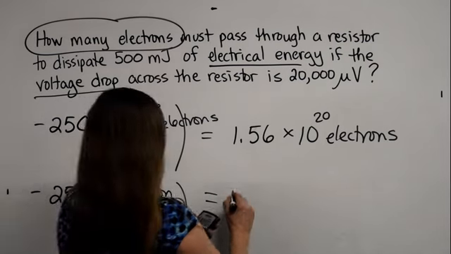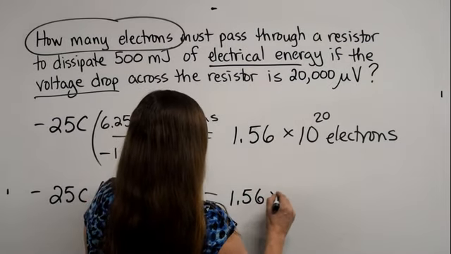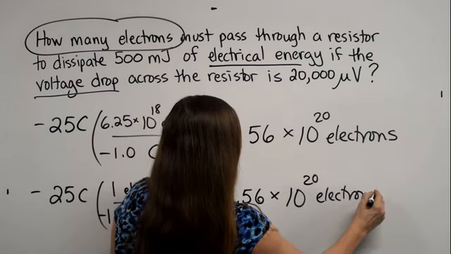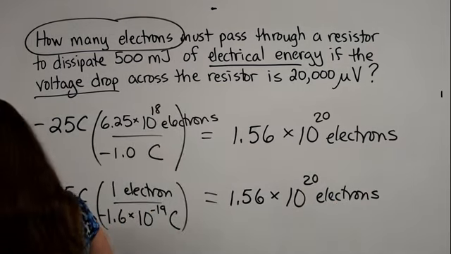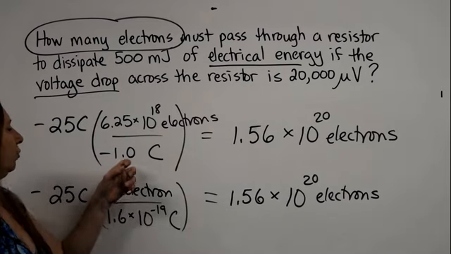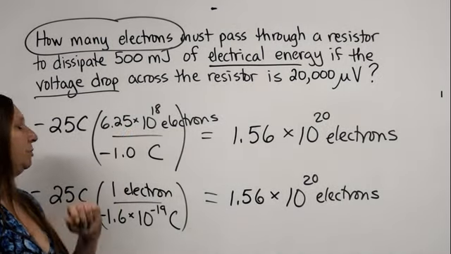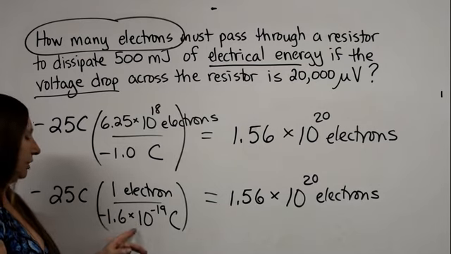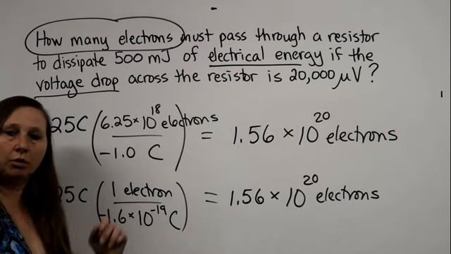Good. 1.56 times 10 to the 20th electrons. Either way, it's true that 1 coulomb is this many electrons, so that works. It's also true that 1 electron is this many coulombs, so that works.